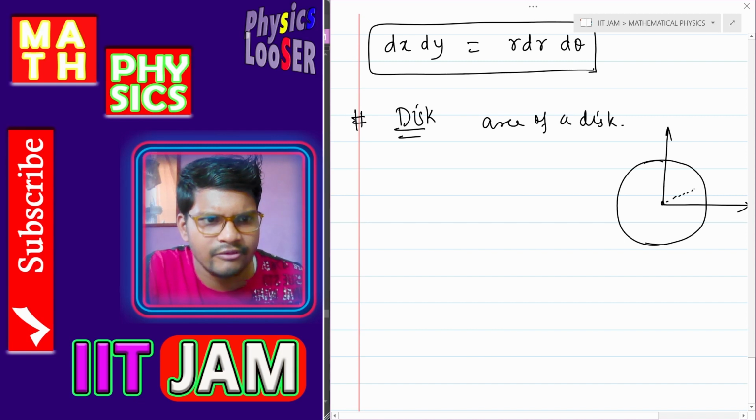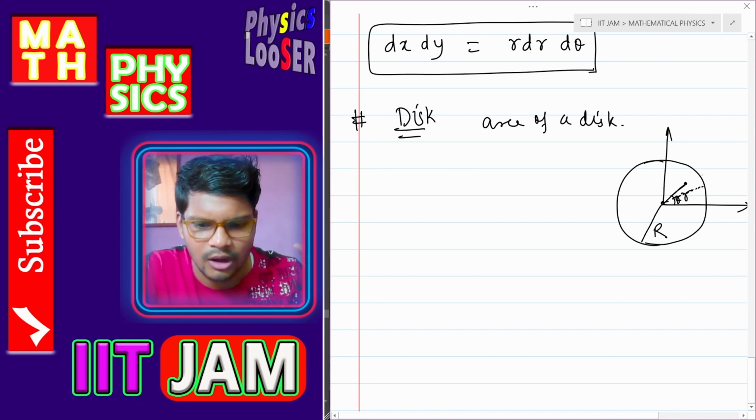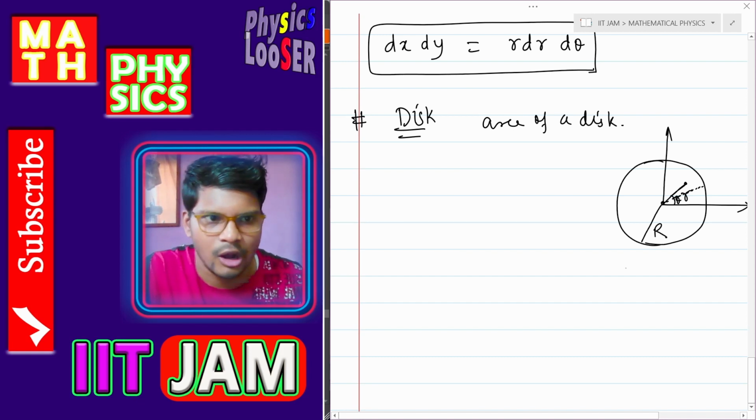Since each and every section is filled with material, let us say the radius of this disk is r. Since everywhere there is material, let us say for a particular r with a particular theta, I can choose some particular piece of material. So how can we choose it?